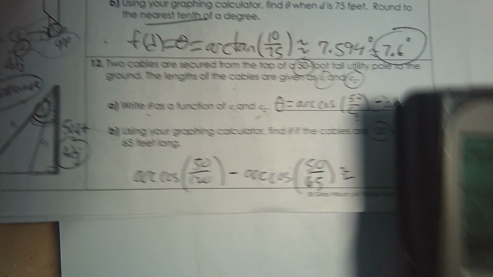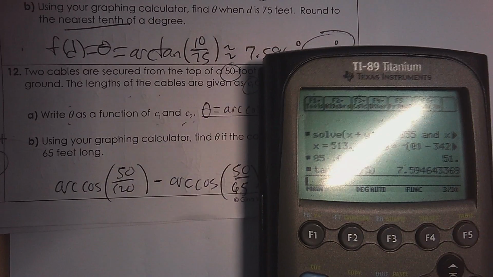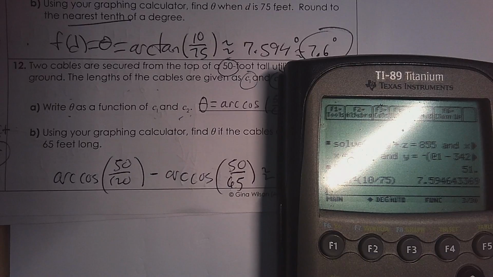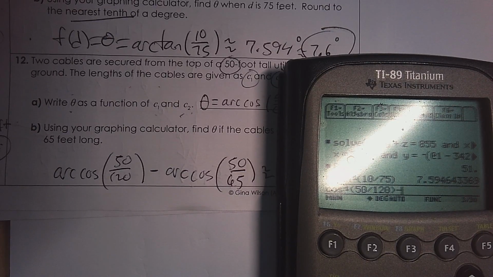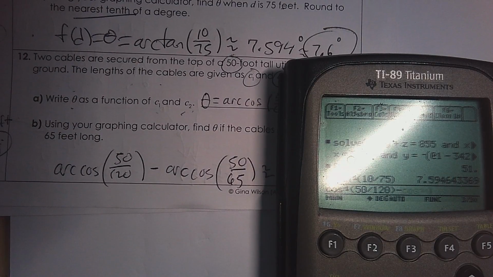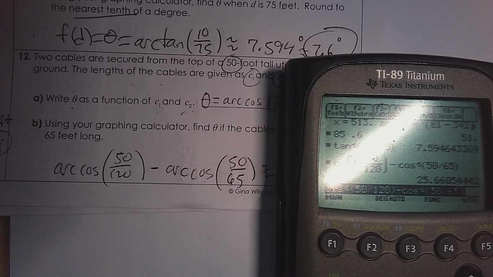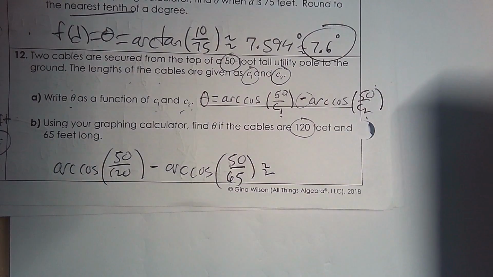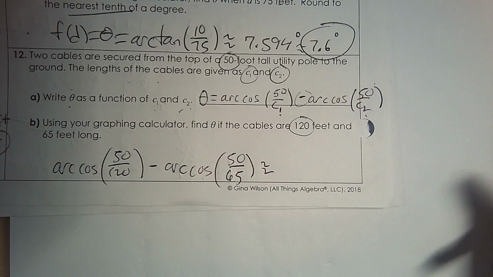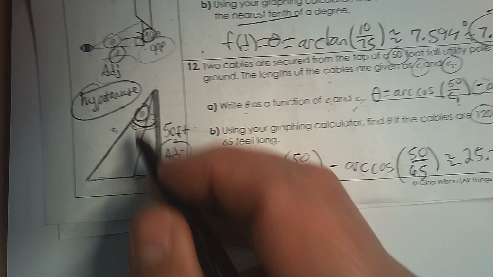So when you access inverse, it's arc cosine. And the angle between them, and again, if we do it to the nearest tenth, it would be 25.7 degrees. That's the angle right there in between the cables.